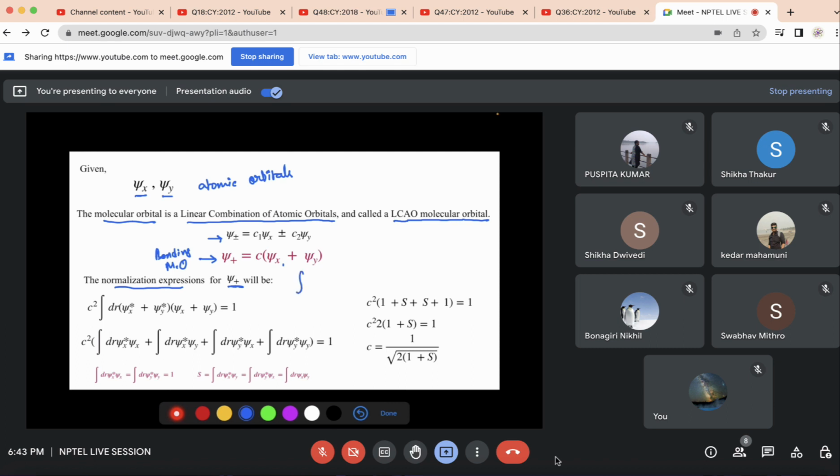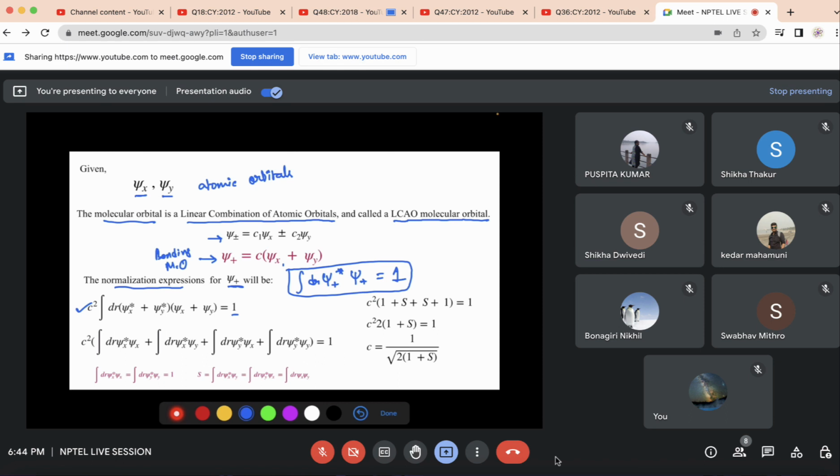So the expression for normalization is the integral over the whole volume space of psi plus conjugate with psi plus equal to 1. So when I put the psi plus expression into this, I will get C squared integral dr of psi x conjugate plus psi y conjugate multiplied with psi x plus psi y equal to 1.